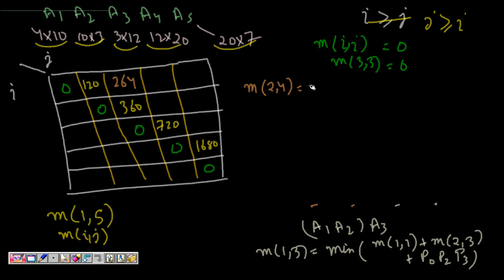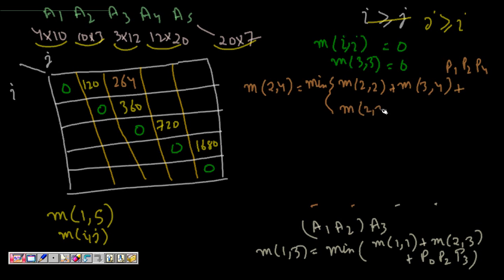So this will be the minimum of M2,2 plus M3,4 plus P1, P2, P4, and the other one will be M2,3 plus M4,4 plus P1, P3, P4.